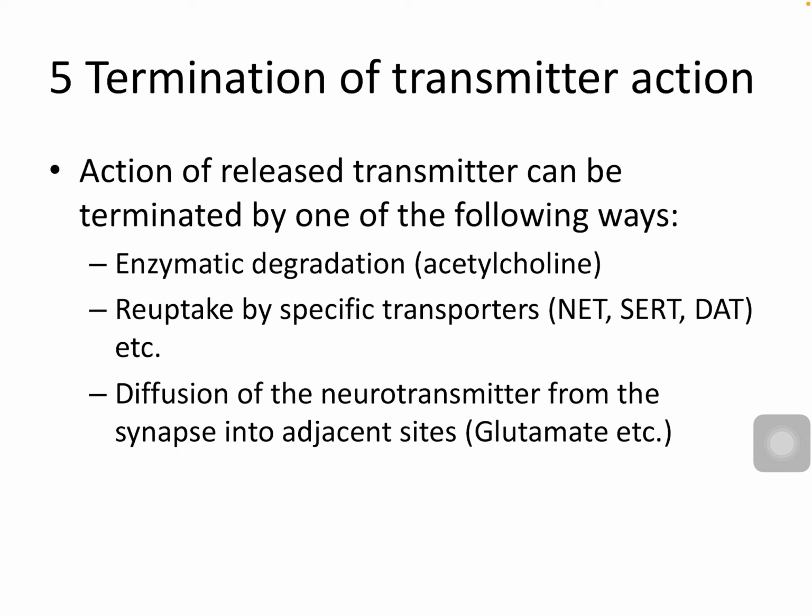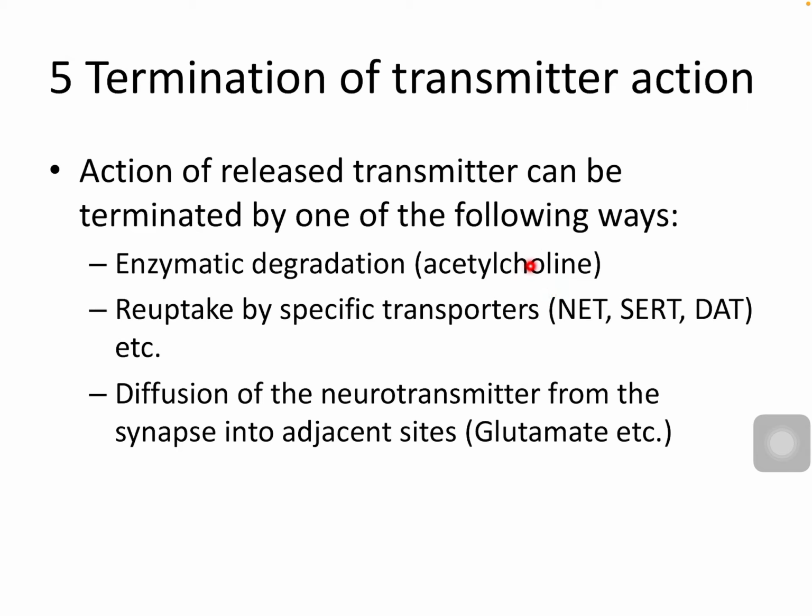Here the transmitter is our messenger, so it needs to go away. In one of the following ways, we can terminate the action of the released transmitter. The first is we can degrade the transmitter enzymatically. Example is acetylcholine. Acetylcholine's action is terminated by the enzyme acetylcholinesterase.